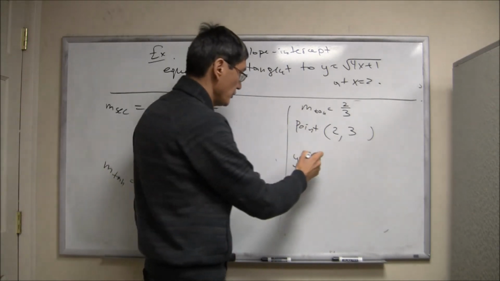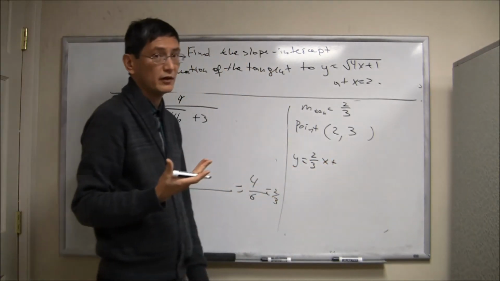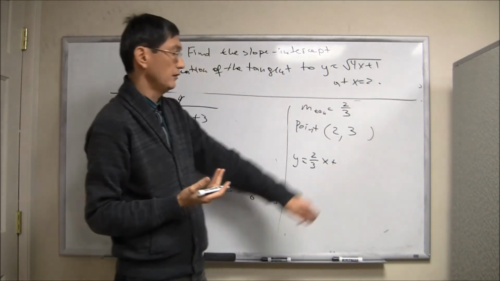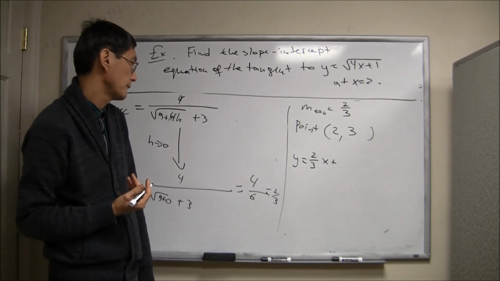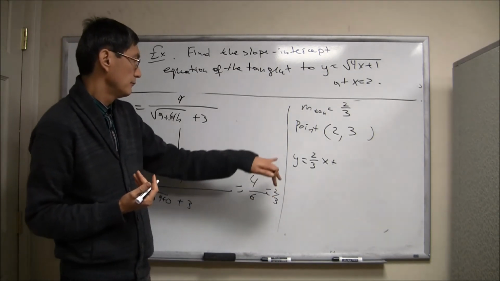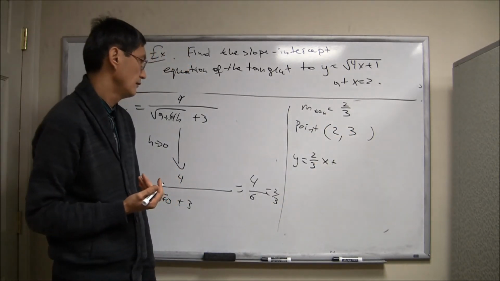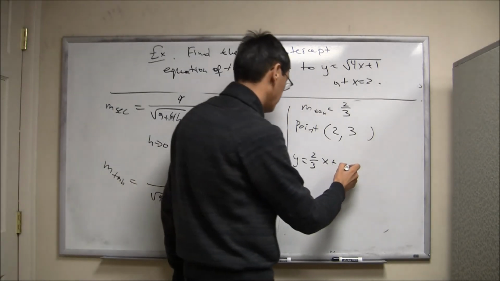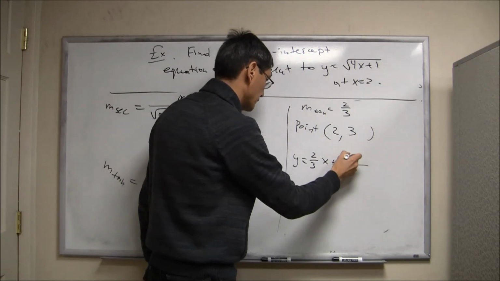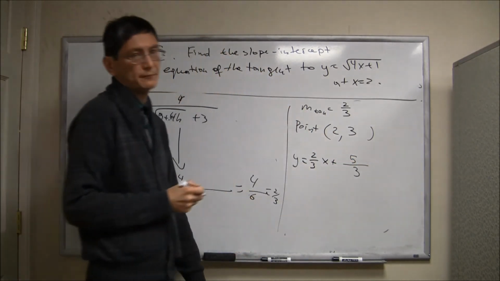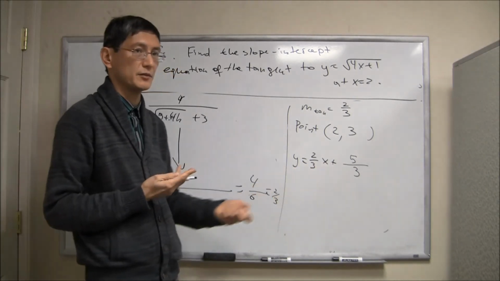So we have 2/3 x plus the y-intercept, whatever your favorite way to find it. 2/3, 4/3. Somehow I feel it should be 5/3. But again, it's whatever your favorite way is to find that expression.